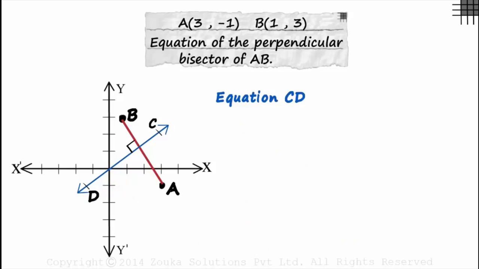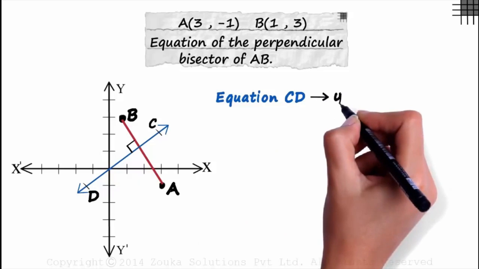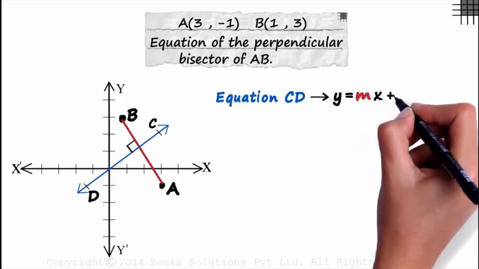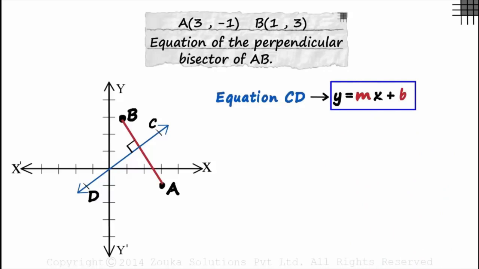To find the equation of CD, remember the formula y equals mx plus b, so we need the values of m and b.